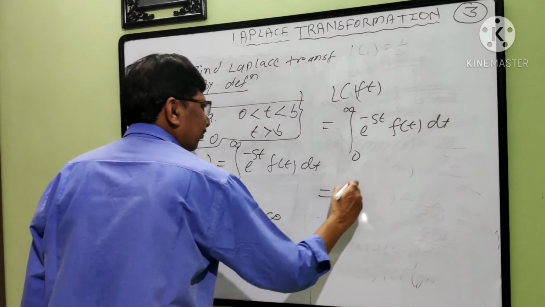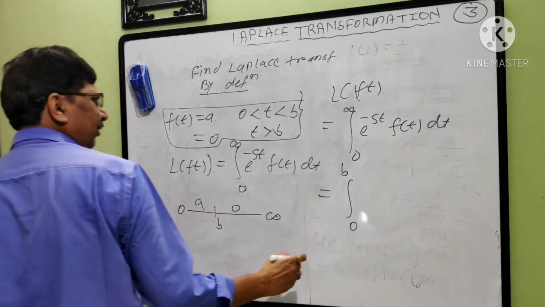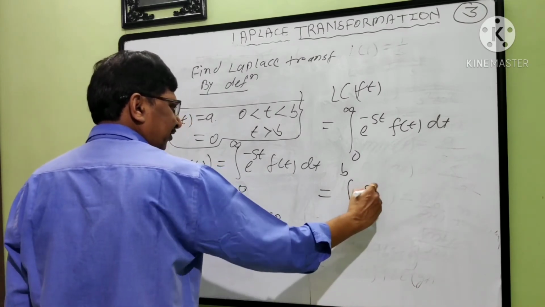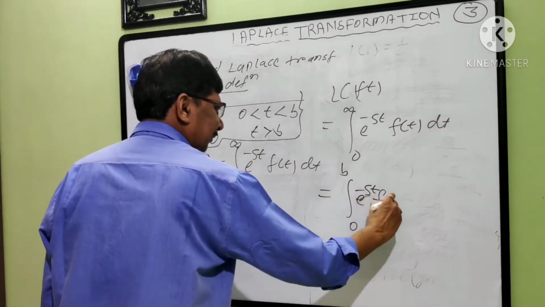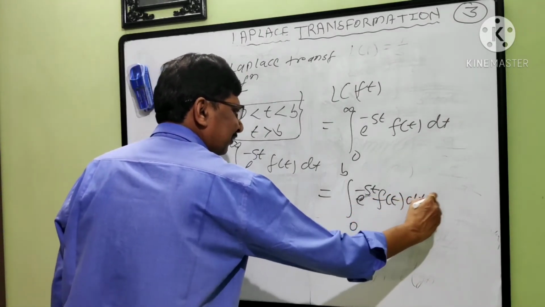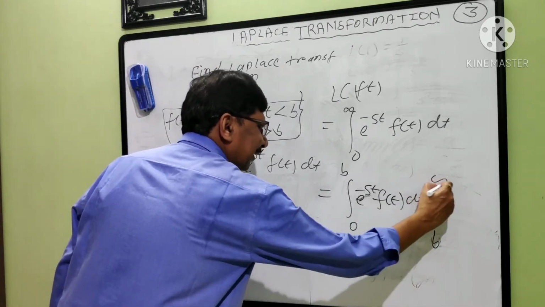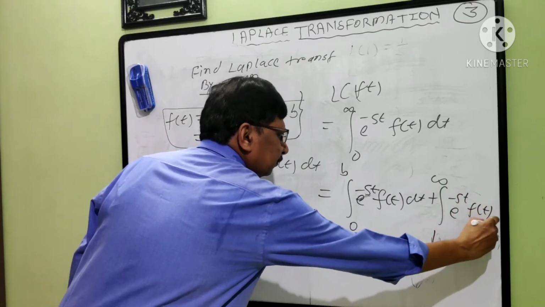That means we are going to split it: one interval from 0 to b, plus the integral from b to infinity of e raised to minus st f(t). Any doubt?